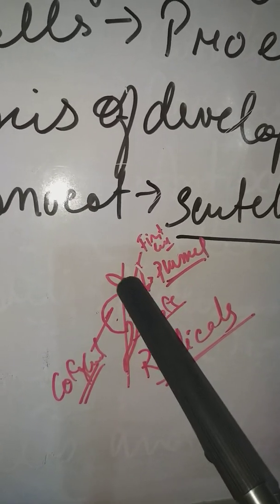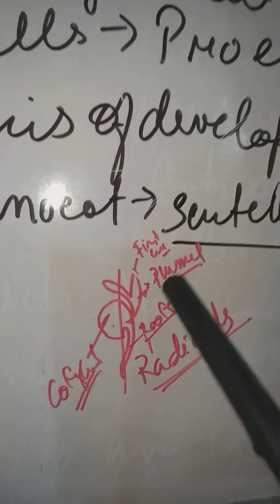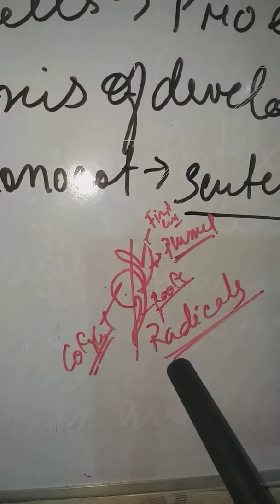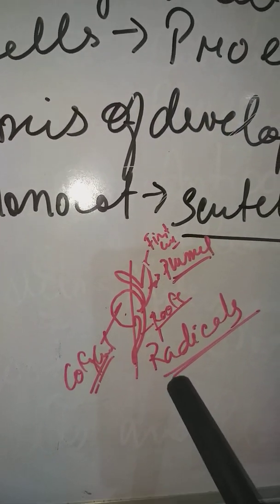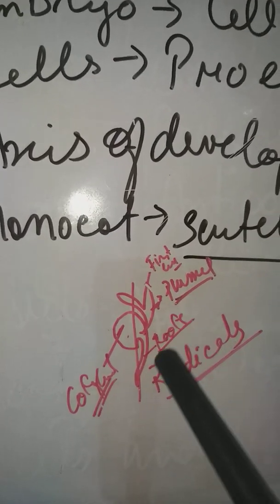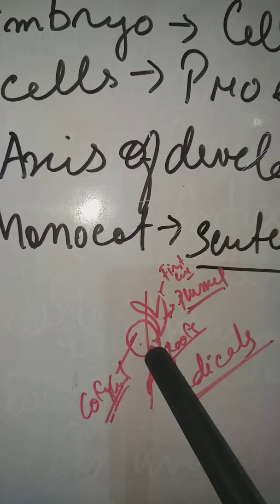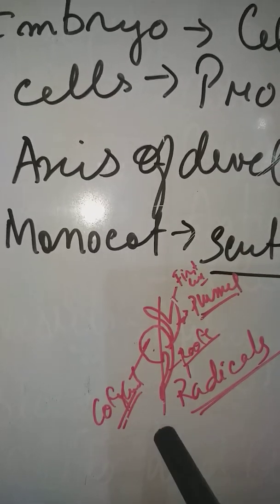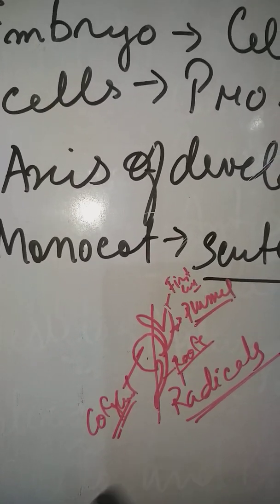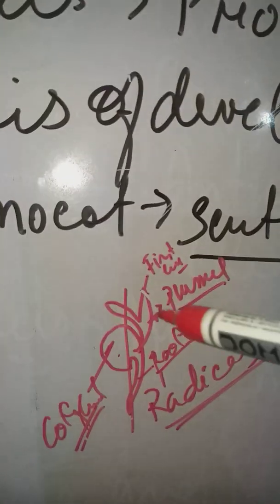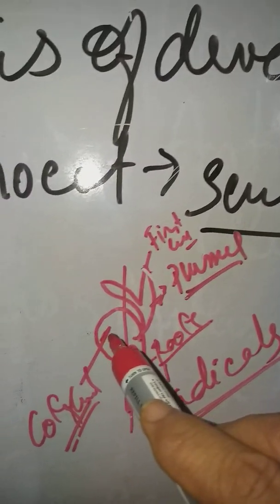Basically, tissue-wise, the radicle and the plumule both have masses of meristematic tissues. You know what meristematic tissues are? Meristematic tissues are those tissues that are capable of actively dividing, so that this radicle elongates into a root-like structure. The cotyledons have stored food.